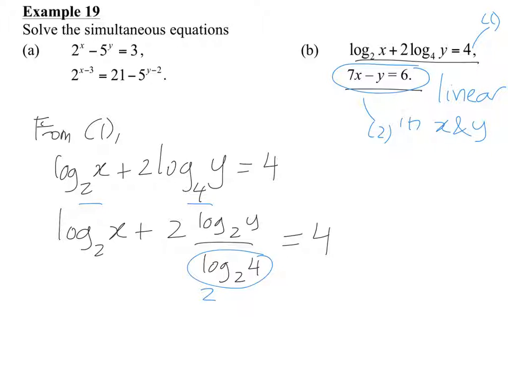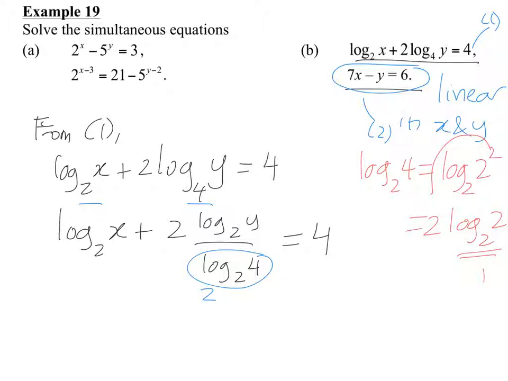Let me write on the right. The reason is that log base 2 of 4 equals log base 2 of 2 squared. By the third law of indices, the power law, you can bring the power to the front as a coefficient, becoming 2 log base 2 of 2, and this equals 2 times 1. So log base 2 of 4 equals 2.